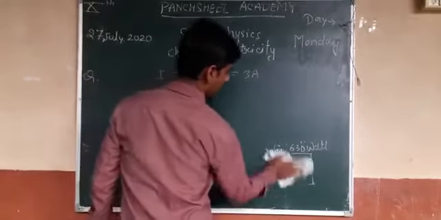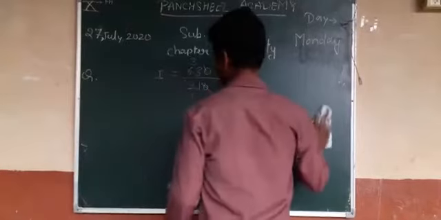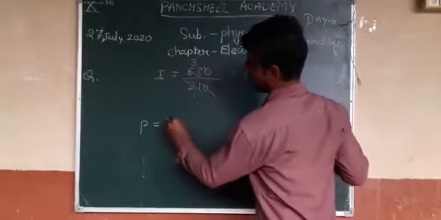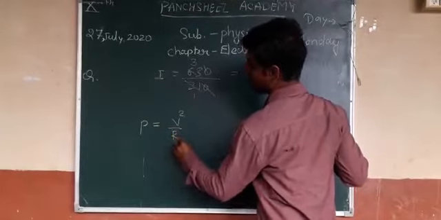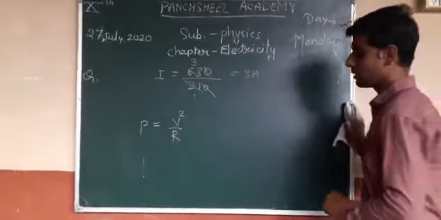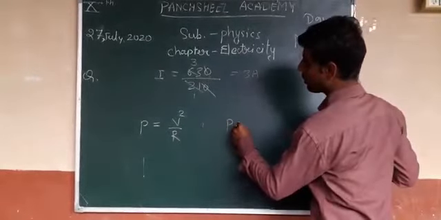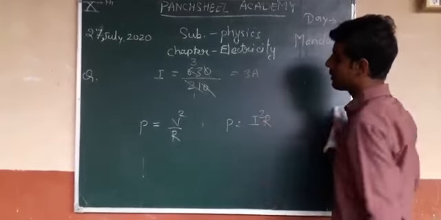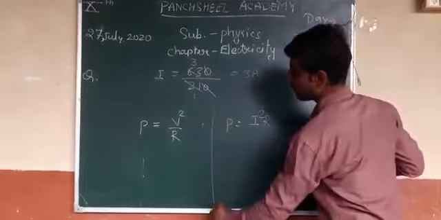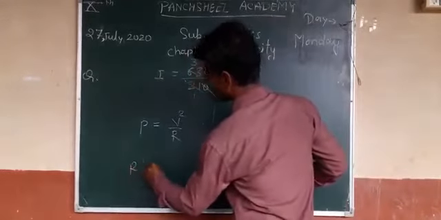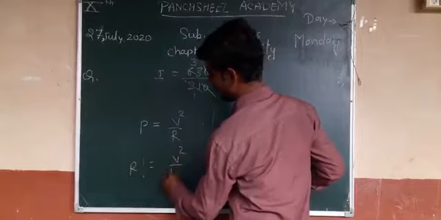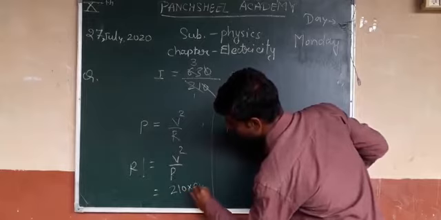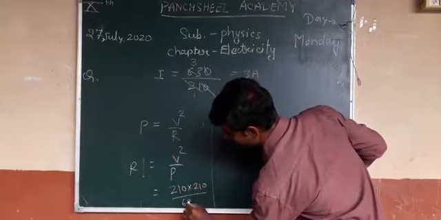P equals V square by R. This is one formula, and P equals I square into R is another formula. So what is the value of R from this? V square upon P.